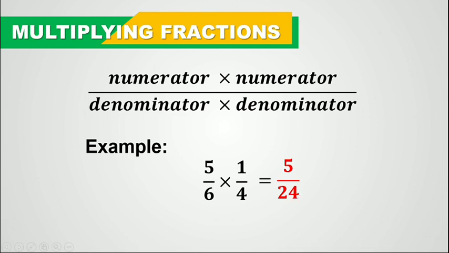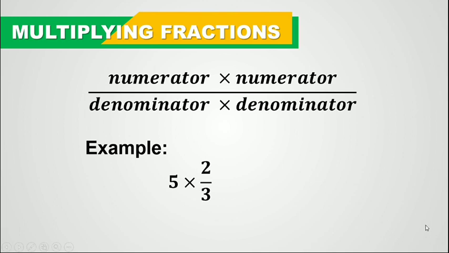Alright? Now let's have more examples. Let's multiply a whole number 5 by a fraction 2/3. So what if we multiply a whole number by a fraction? What are we going to do? First, you have to transform the whole number into its fractional form.